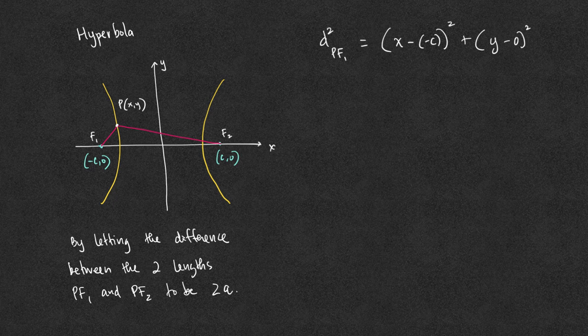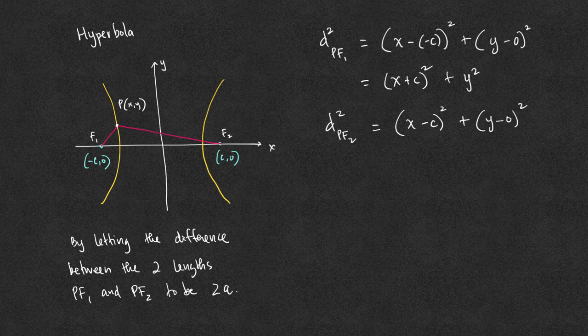And so we have x plus c, the quantity squared, plus y squared. The distance PF2 squared is similarly x minus c, the difference in x squared, plus y minus 0 squared. And this is simply x minus c squared plus y squared.